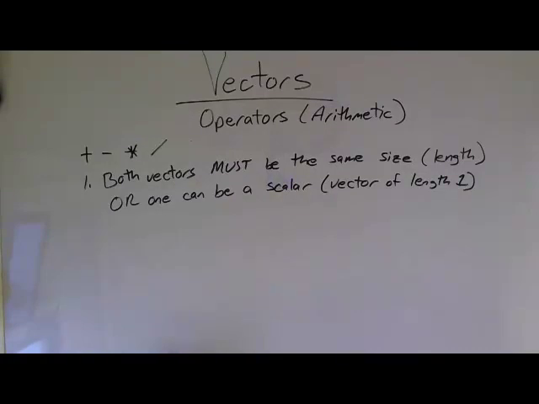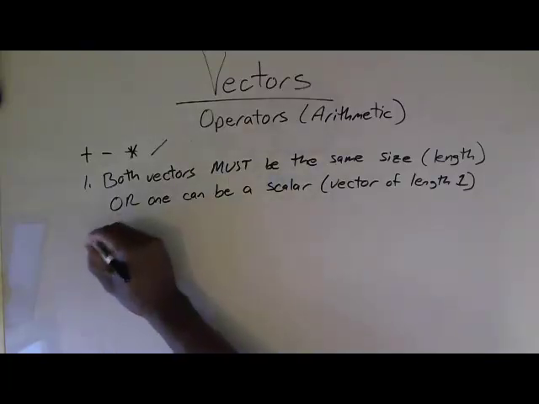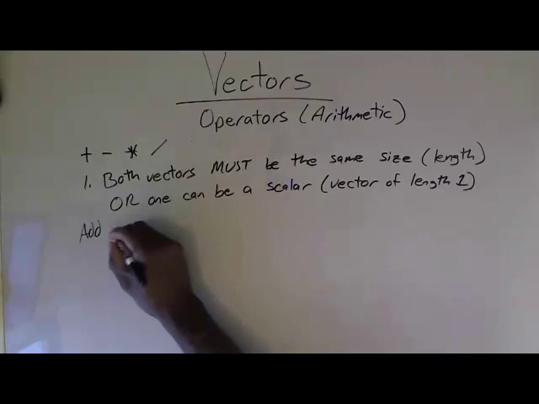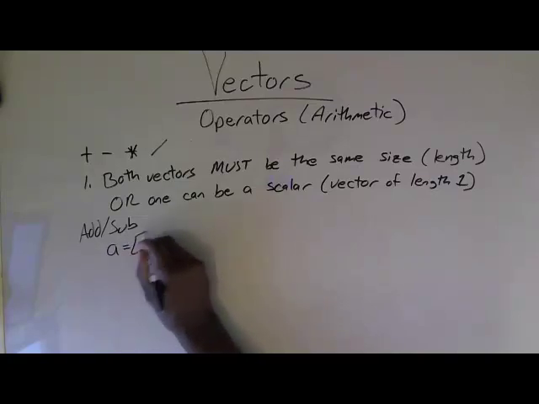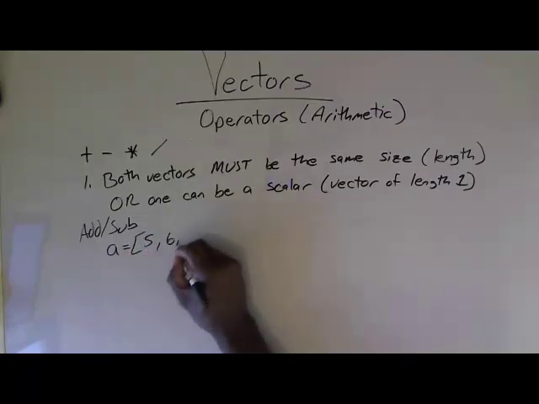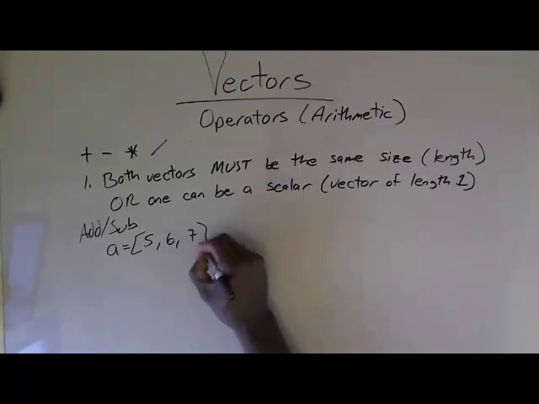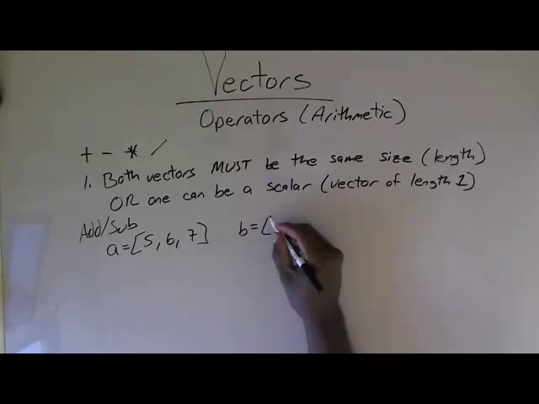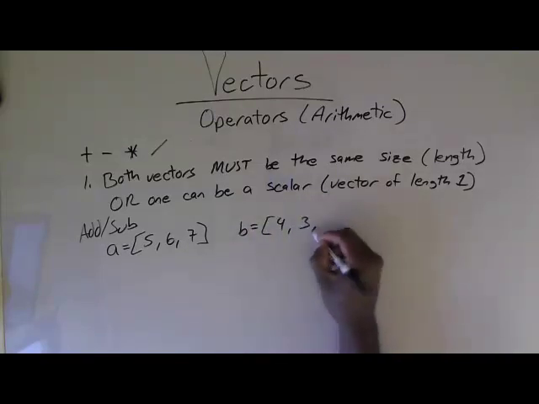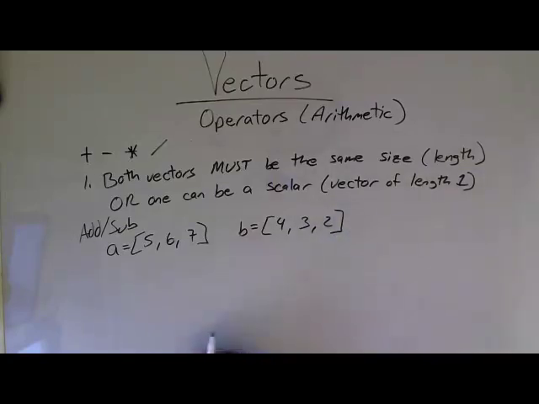So that's the primary rule. Let's talk about addition and subtraction with vectors. Let's say we had two vectors. We have vector A that is 5, 6, 7, and vector B that is 4, 3, 2. Now this is really where MATLAB gets powerful.